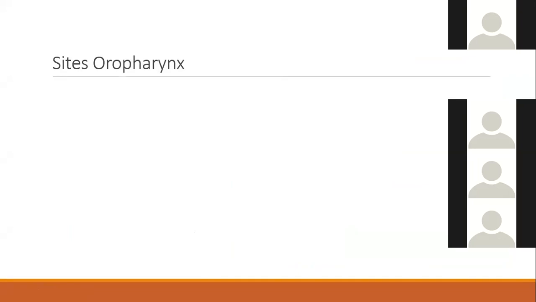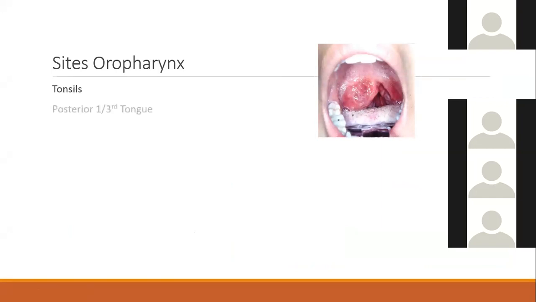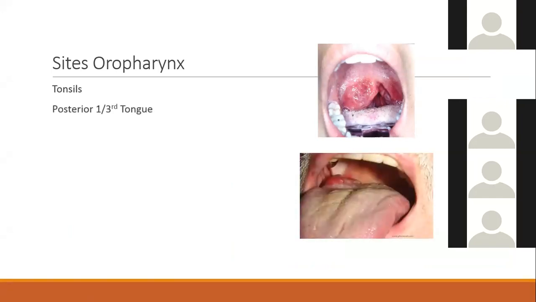Okay, so in the oropharynx, I hope you remember the anatomy from when I was giving this lecture last year. A lot of students did not know what structures lie in the oropharynx. Tonsils, posterior one third of the tongue, posterior wall of the oropharynx, and the soft palate. These form the sides of the oropharynx.